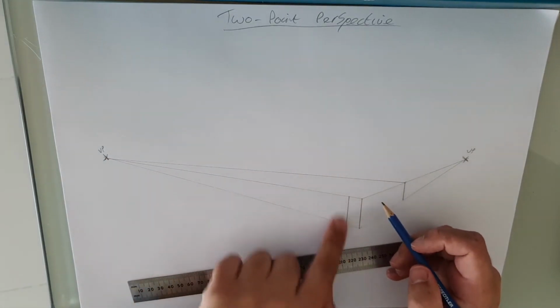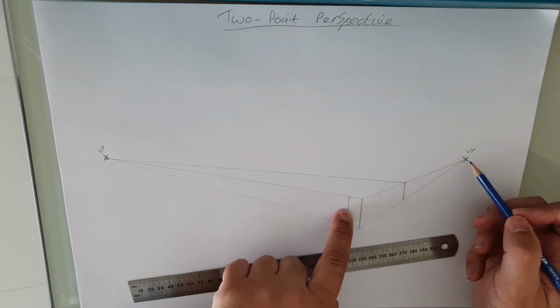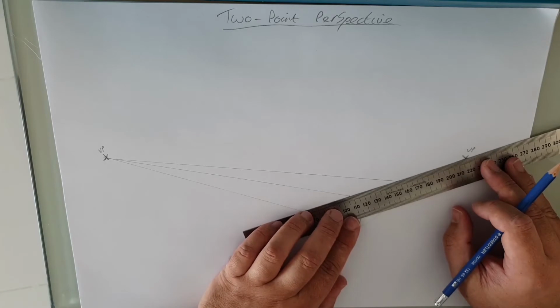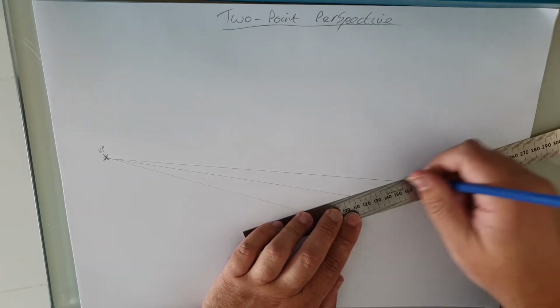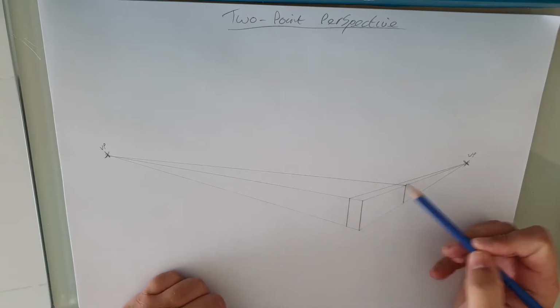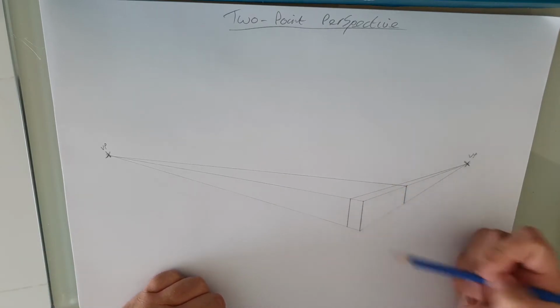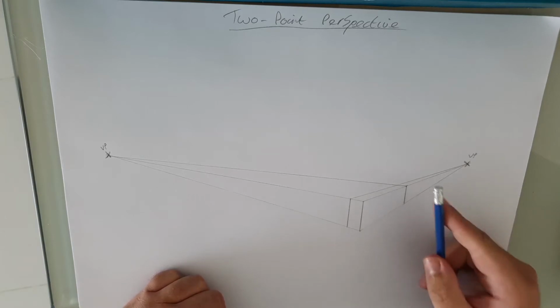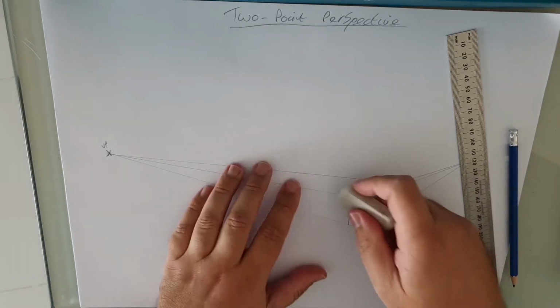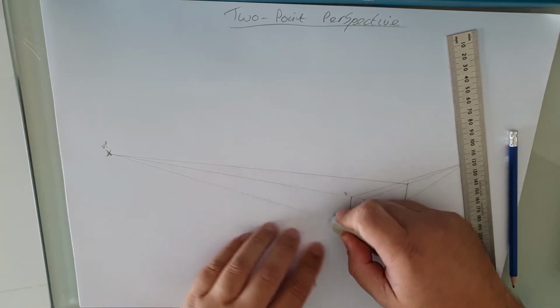So that means my left hand one here needs to go to the right hand vanishing point. And there you go. Okay, you have your 2-point perspective 3D shape there. So at that point, you can rub out your construction lines.